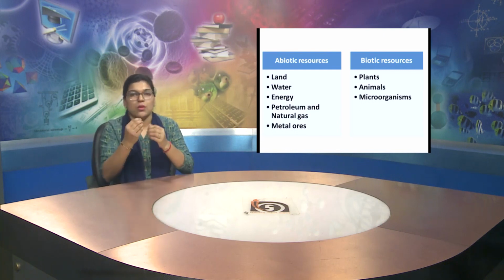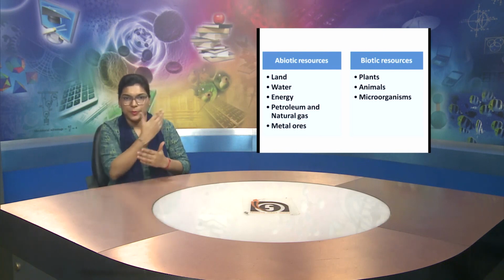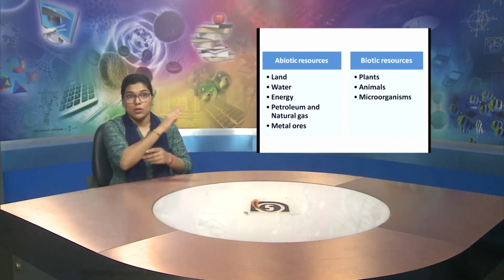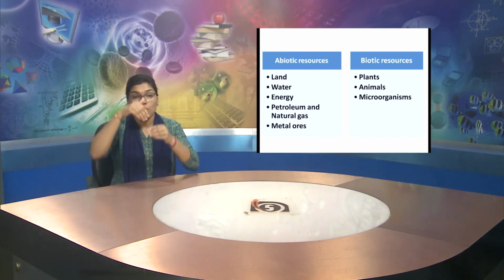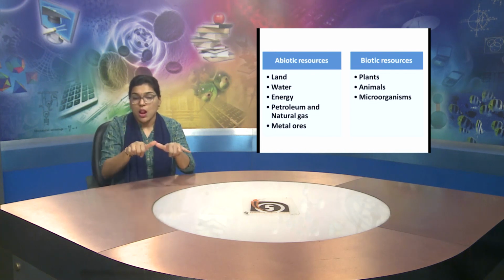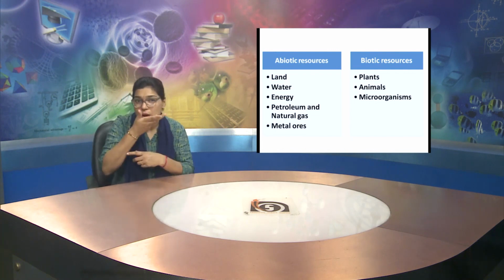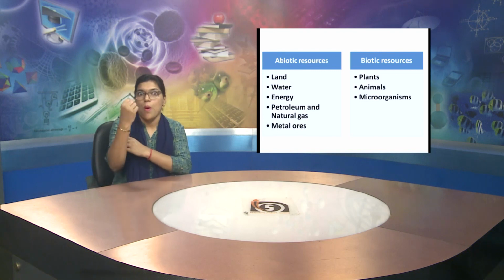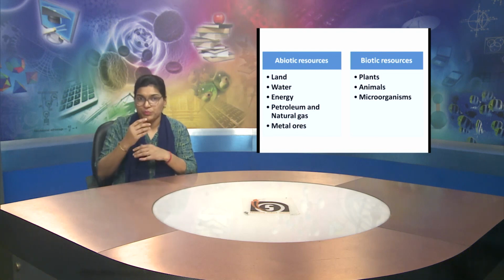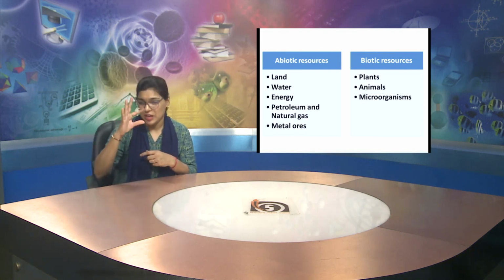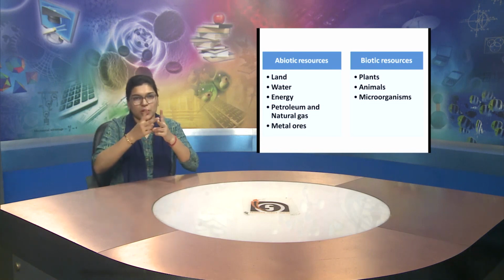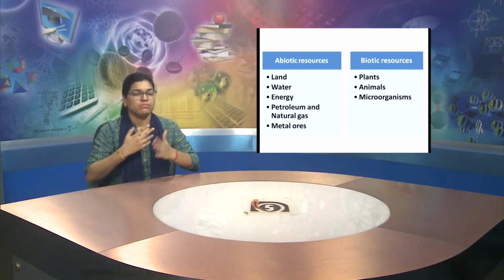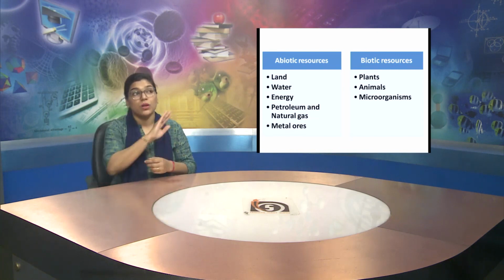We have understood the two categories, abiotic resources and biotic resources, that you can see on the screen as well. Here we will understand a few examples of these resources, like abiotic resources are land, water, energy, petroleum and natural gas, and also the metal ores.